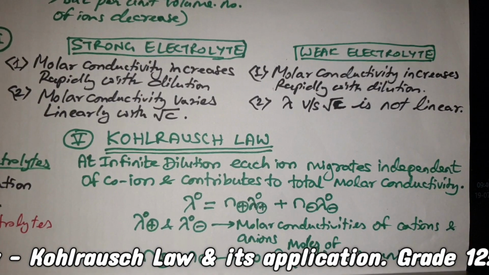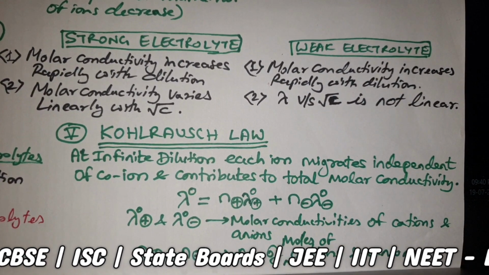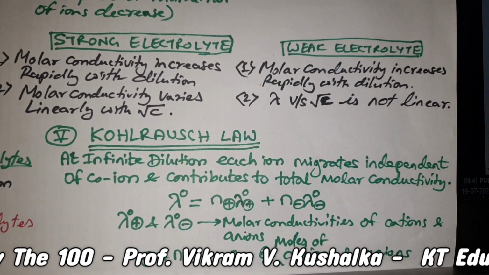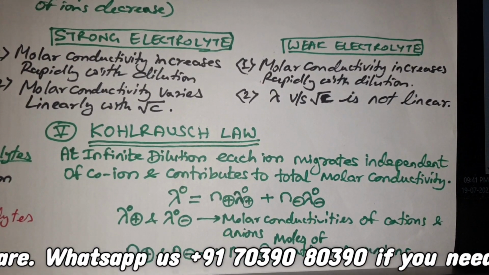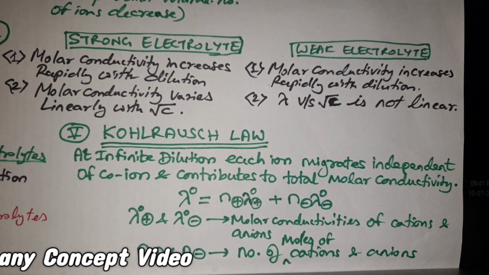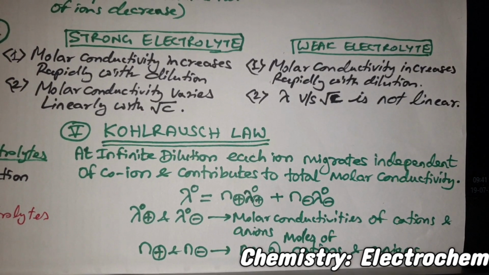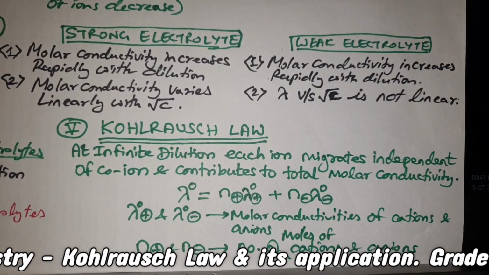So Kohlrausch stated that at infinite dilution, each ion migrates independently of the co-ion and contributes to total molar conductivity. So I can state that lambda naught, that is the total molar conductivity of a weak electrolyte, is equal to n positive into lambda naught positive plus n negative into lambda naught negative.